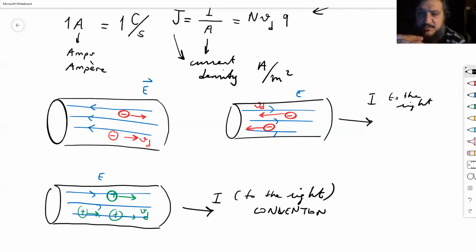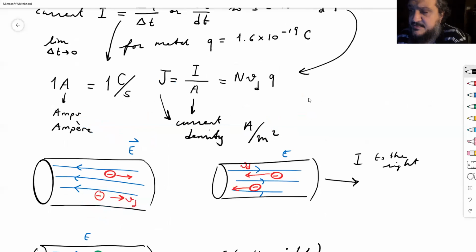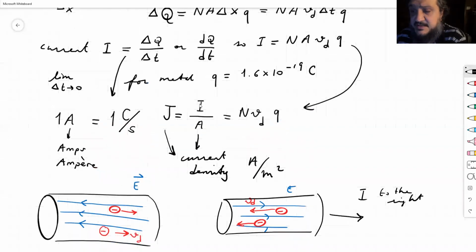Okay, so that's historically also correct. So the current is defined as the direction of the positive charges when they move.